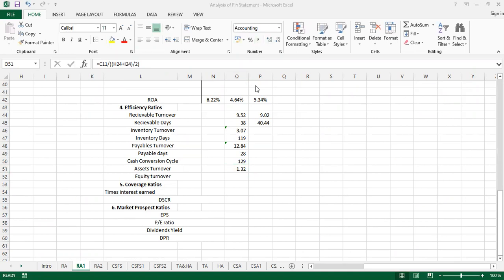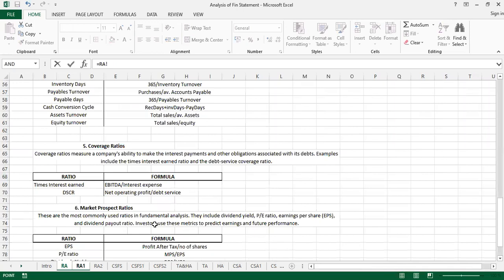Okay. Then we have our equity turnover equals. Our equity can just start from here because it's the turnover of equity. You can see like there's no average, it's just total sales over equity, isn't it?